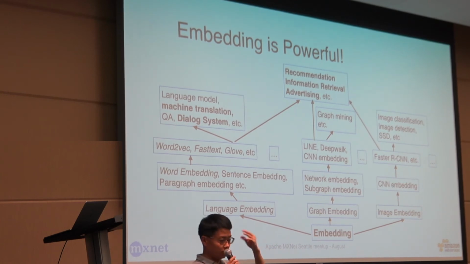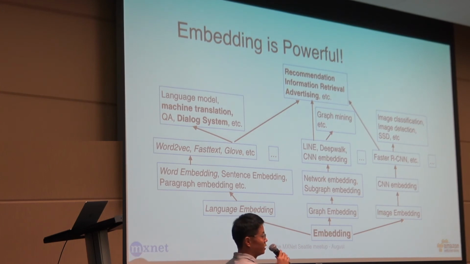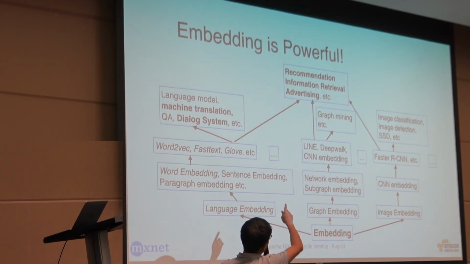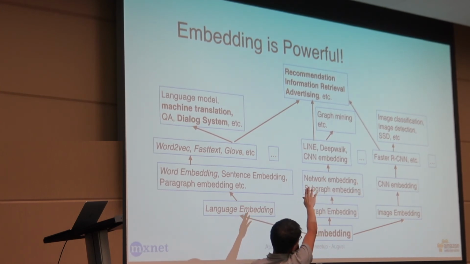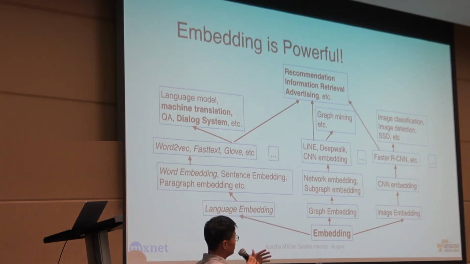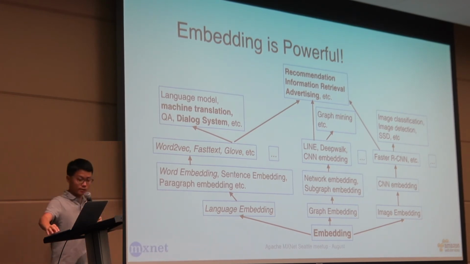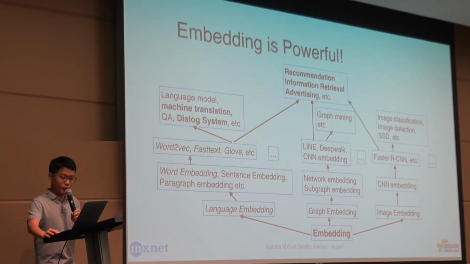Word embedding has already been trained on a very large-scale corpus. It has good semantic meaning, so it can be directly used, for example, for a recommendation system, for information retrieval, IR, and as well for some other advertising stuff. People are using it.